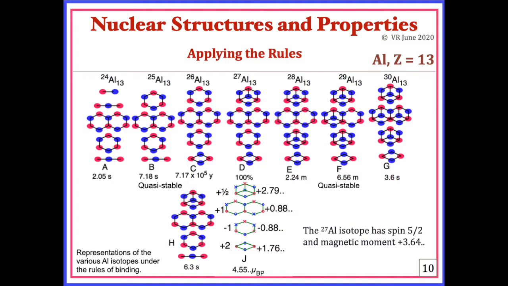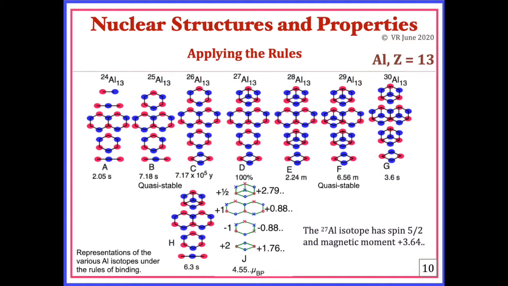The rules of binding allow for a 5-layered structure, as is shown in A. Its feature is that its half-life is still above 1 second. The importance of that is that the rules of binding give isotopes with stable nuclei or those with half-lives longer than about a second. From here on in, I'll refer to them as quasi-stable nuclei.